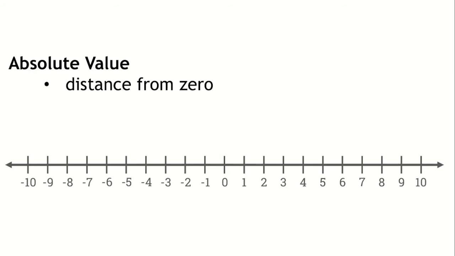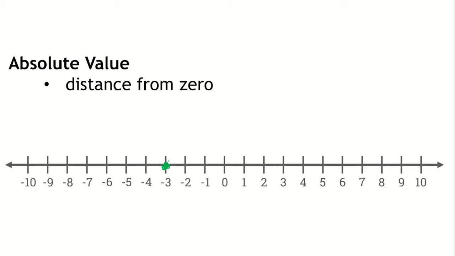How about if we talk about absolute value? Absolute value means the distance from 0. So let us say we will consider negative 3. The location of negative 3 is here. What we need to figure out now is how far negative 3 is from 0.